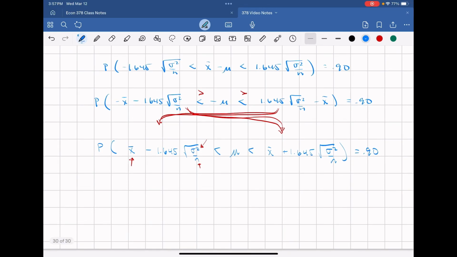So the probability of 47,000 minus 1.645 times 13,000 over the square root of 100 is less than mu, which is less than 47,000 plus 1.645 times 13,000 over the square root of 100, equals 0.90.